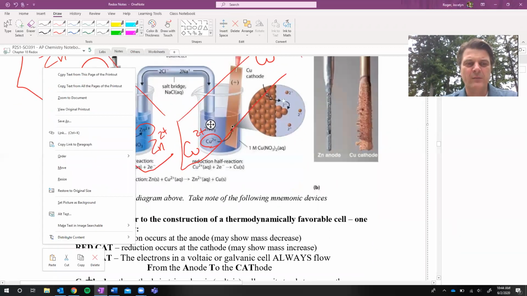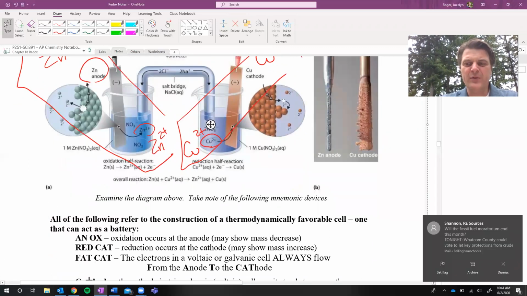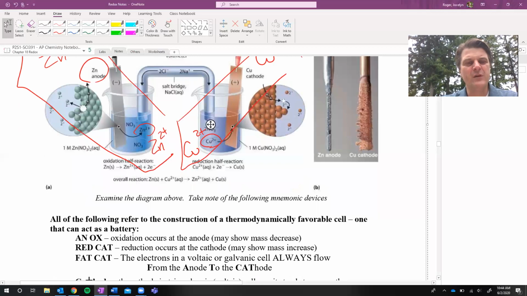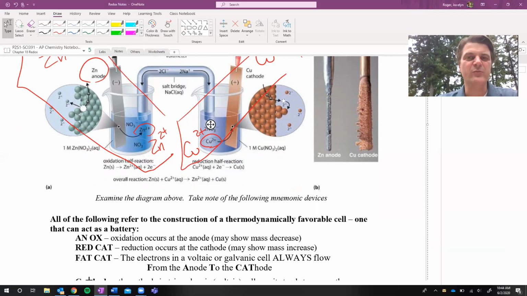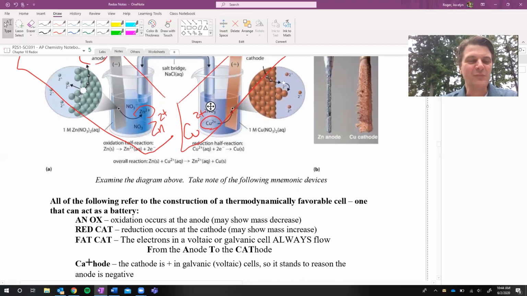A few things to help us remember what's occurring where. We know LEO the lion goes GER, right? That helps us with oxidation and reduction. And here we're going to think about RED CAT. RED CAT tells us that reduction occurs at the cathode.